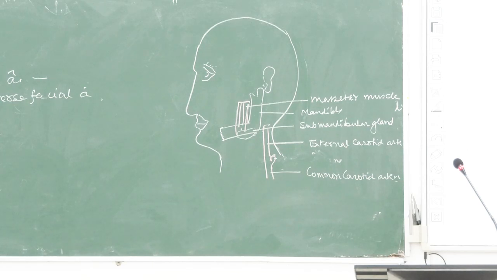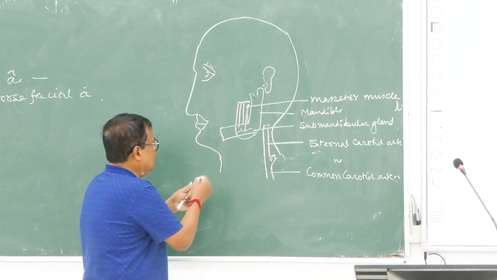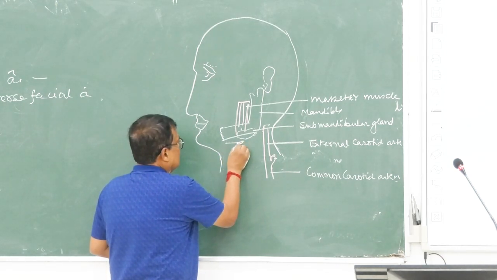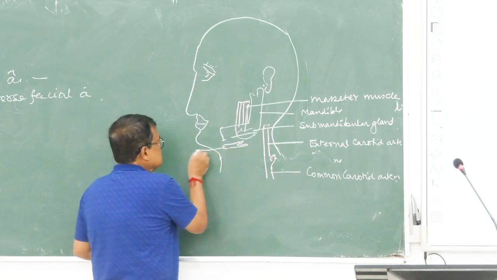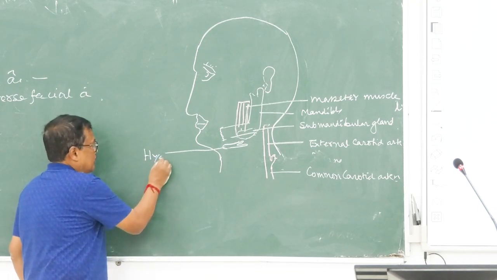So this is the common carotid artery. It divides into external and internal carotid arteries. This is the thyroid bone.